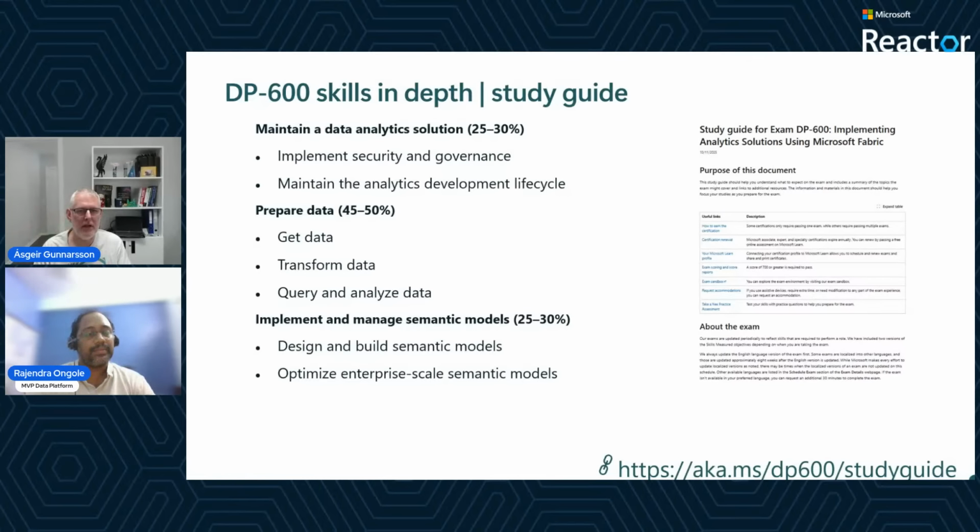That's probably why it weighs more. If you take the practice exam, it will also be weighted in the same way, so you can figure out a little bit where your strengths and weaknesses are. And we're going to touch on these things here, but we're not going to cover them in depth. So go and use the study guide and let that help you with the exam when you get that far. Yeah, exactly. Let's go.